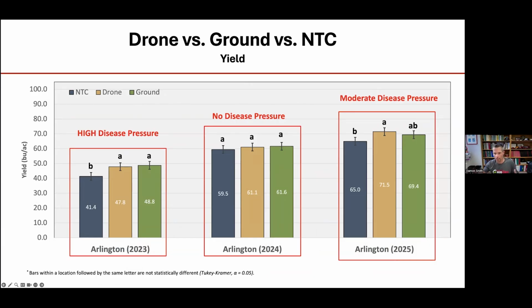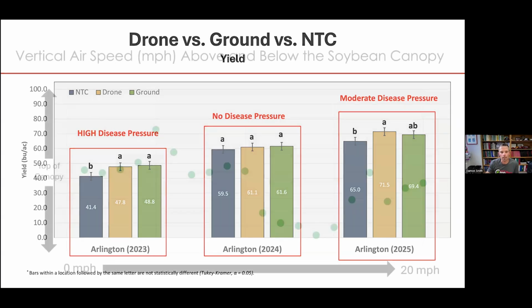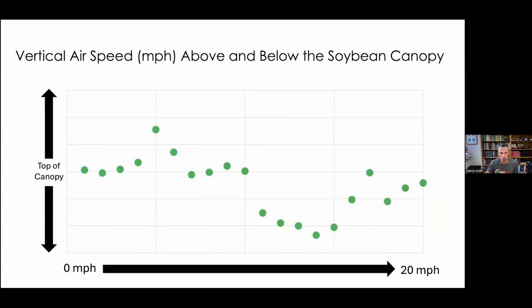We again think that air velocity is actually helping that product get down in the canopy and get us good control. Here's a bit of that data in terms of airspeed and what's going on above and below the canopy. So if you can envision the top of the canopy being the center of the grid here, and then we've got our velocities across this bottom axis.